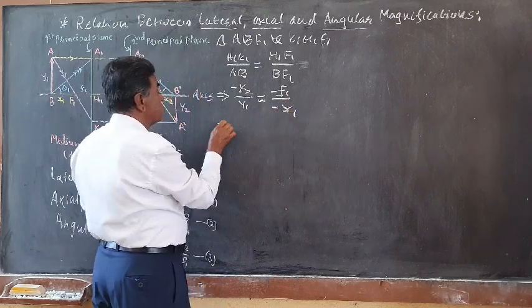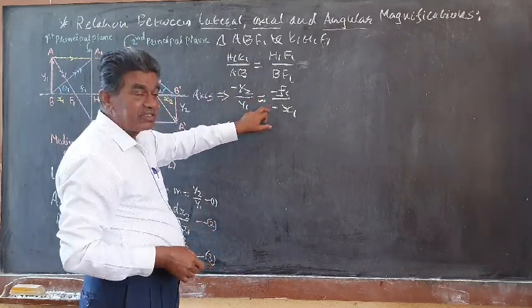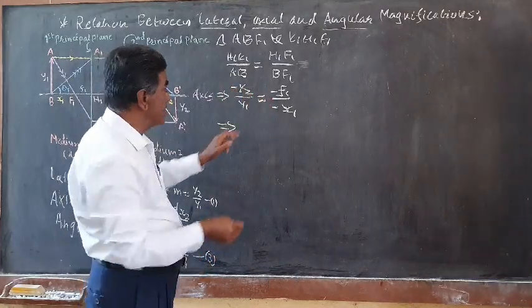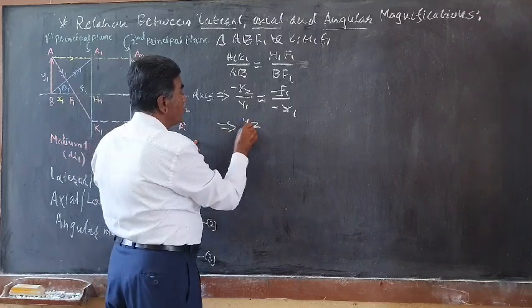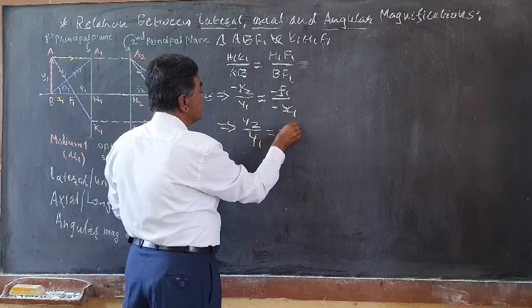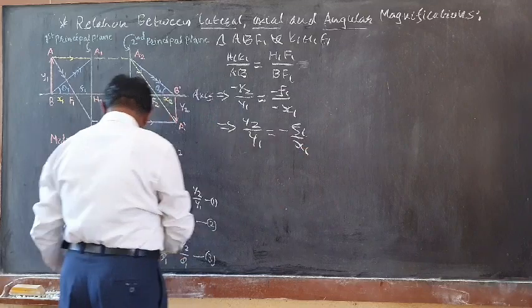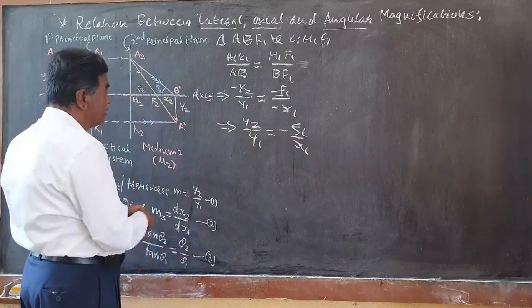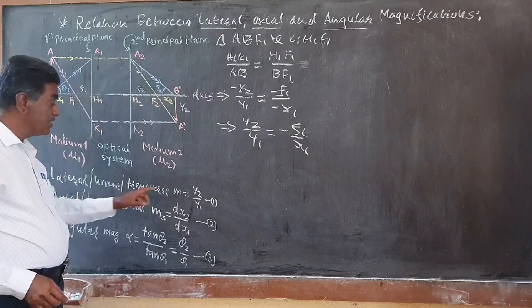Now remember, minus and minus become plus, so we finally get y2 divided by y1 equal to minus f1 divided by x1. But we know that y2 divided by y1 is the lateral magnification, that is m.